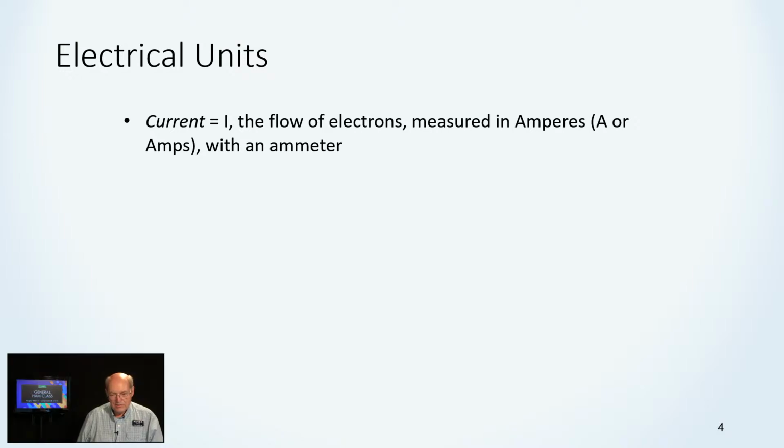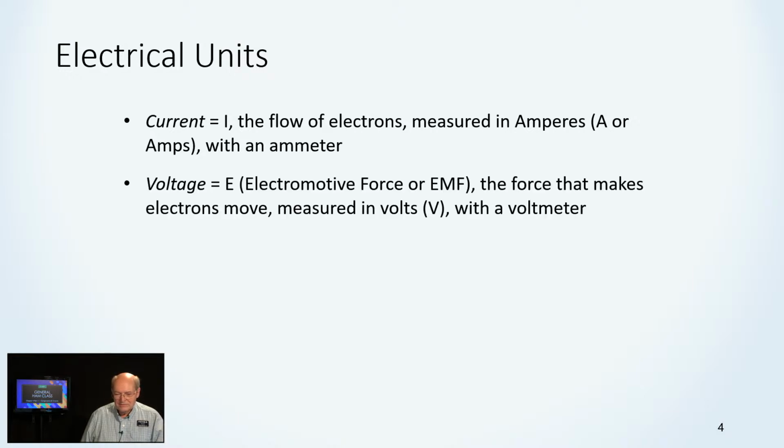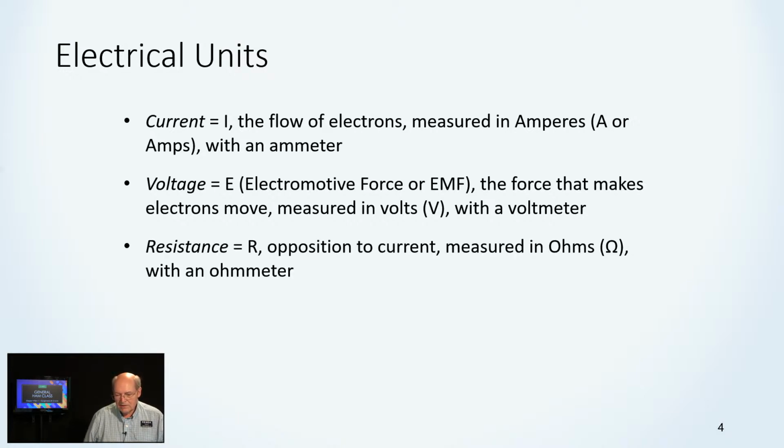We already know that current is the flow, measured in amperes, or amps, with an ammeter. Voltage, again, measured in volts, we use a voltmeter. Most handheld multimeters will do just fine with these. Resistance, opposition to current, is measured with an ohmmeter.